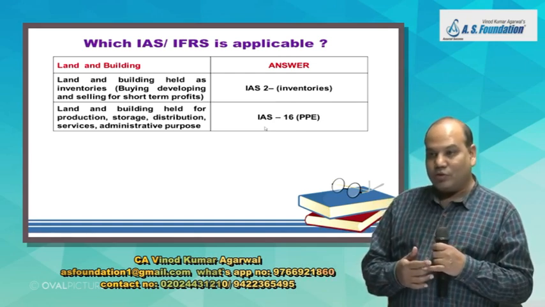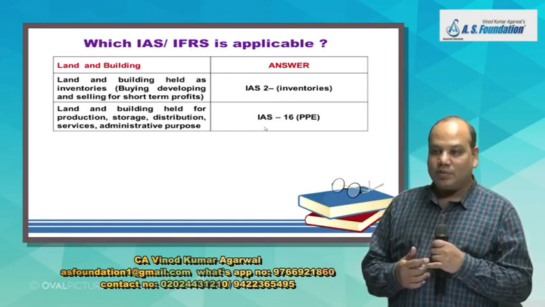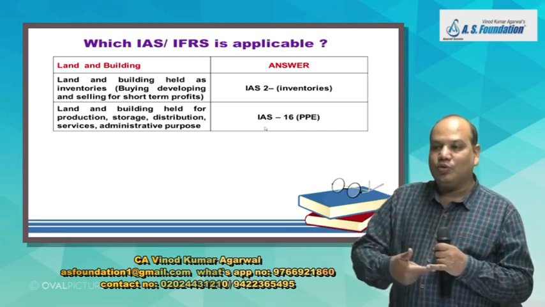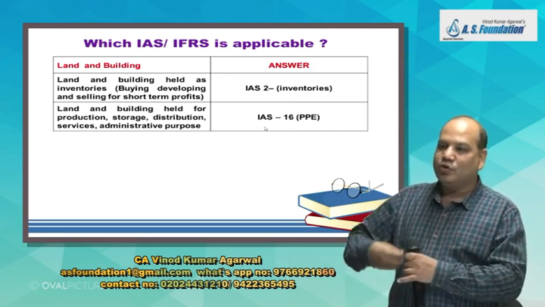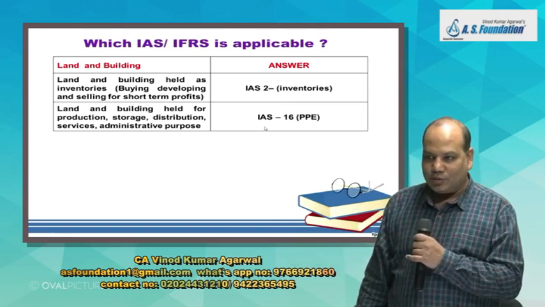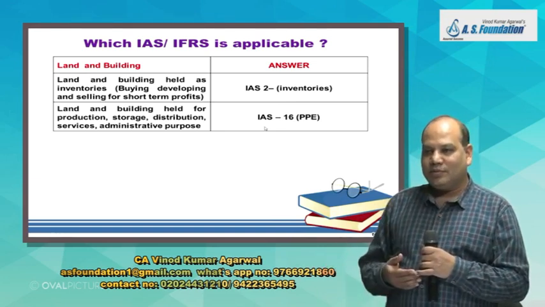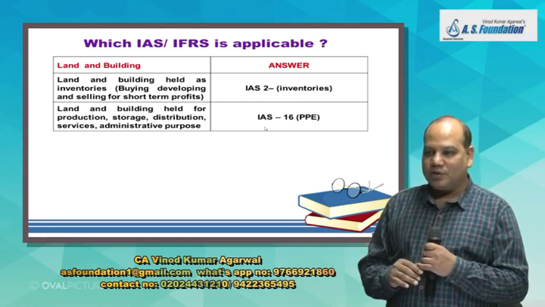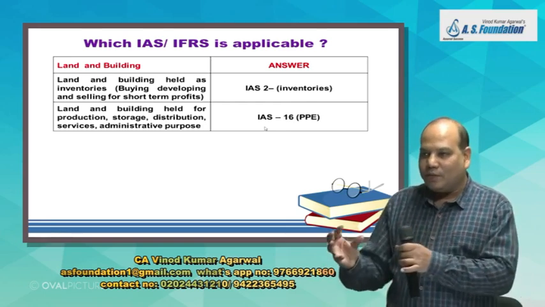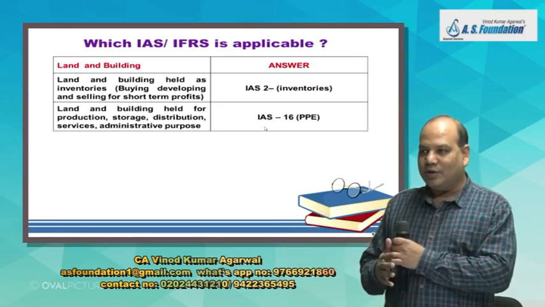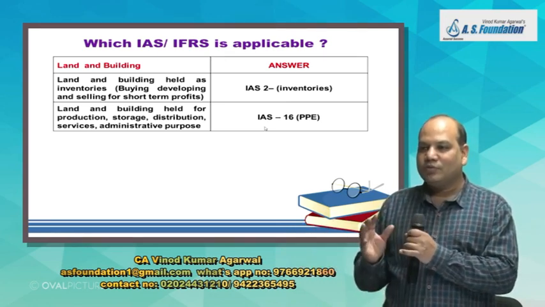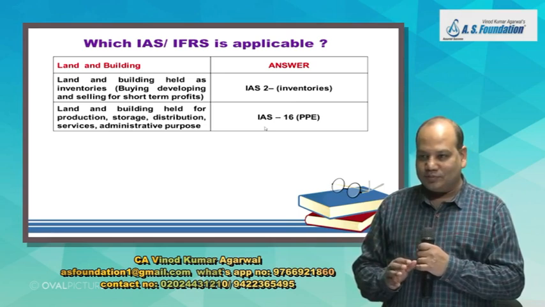The objective here is not to use it for producing goods and services. The objective is just to make a capital gain out of it. So it is similar to your investment. In case of investment, we don't provide depreciation. It is just an investment in the form of real estate rather than investment in the form of a share.